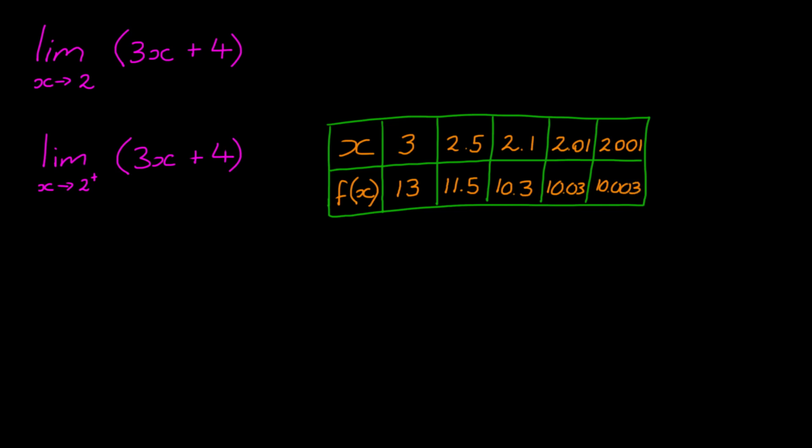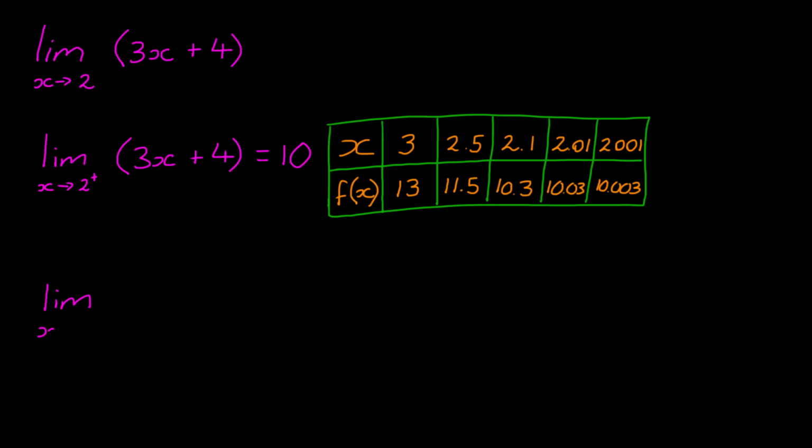What we see here is that as our value gets closer and closer to being 2, the value of the function gets closer and closer to being 10. So we would say that the limit of the function 3x plus 4 as x approaches 2 from the positive side is 10. And then we can consider our opposite limit.